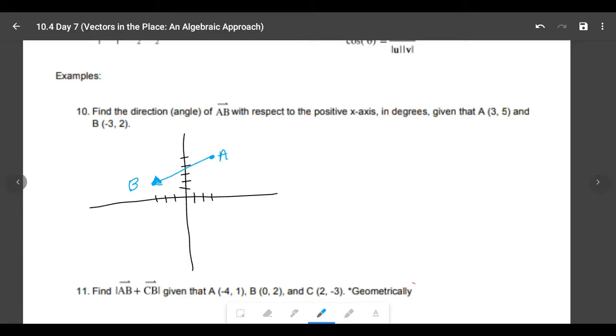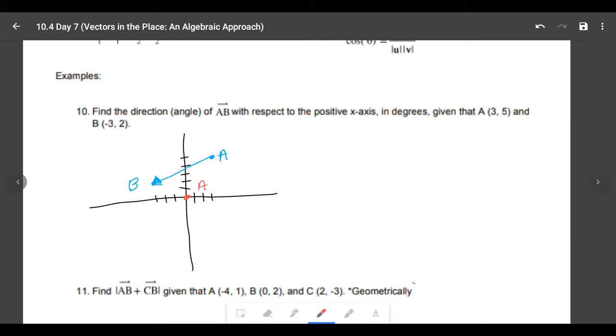It's asking us to find the angle between that vector with respect to the positive x-axis. Well, let's go ahead and move this vector so that we can relate it to the x-axis in a more visually pleasing way. We are always going to have our initial point start at the origin. So A is going to move down to (0, 0).